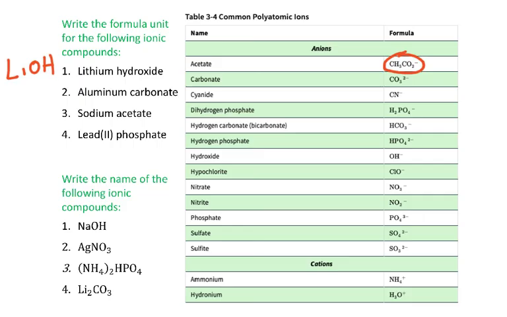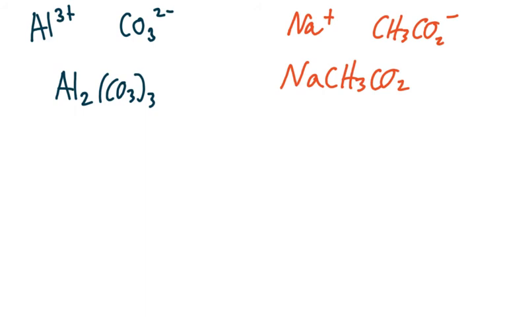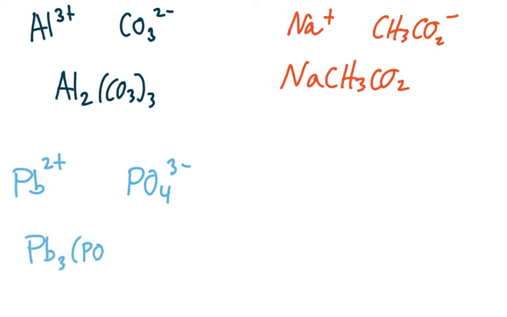Next is lead(II) phosphate. So phosphate is PO4, the 3-, and it says lead(II), so we know it's a +2 charge. So we would end up with Pb3(PO4)2. And right, you may be just quickly bringing down the charges to be the subscripts.